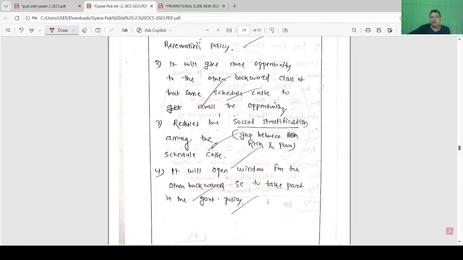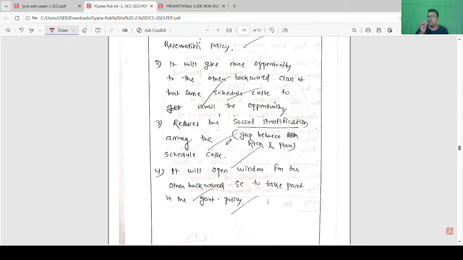Reduce the social stratification, very good, the gap between rich and poor, and it removes the concept that only a particular section, for example the Mina in Rajasthan, mostly those scheduled caste whose one generation is uplifted, for example a scheduled caste candidate becomes an IAS or OS, his son again avails the benefit. In Odisha, we know that father takes reservation, son takes reservation, his son takes reservation.